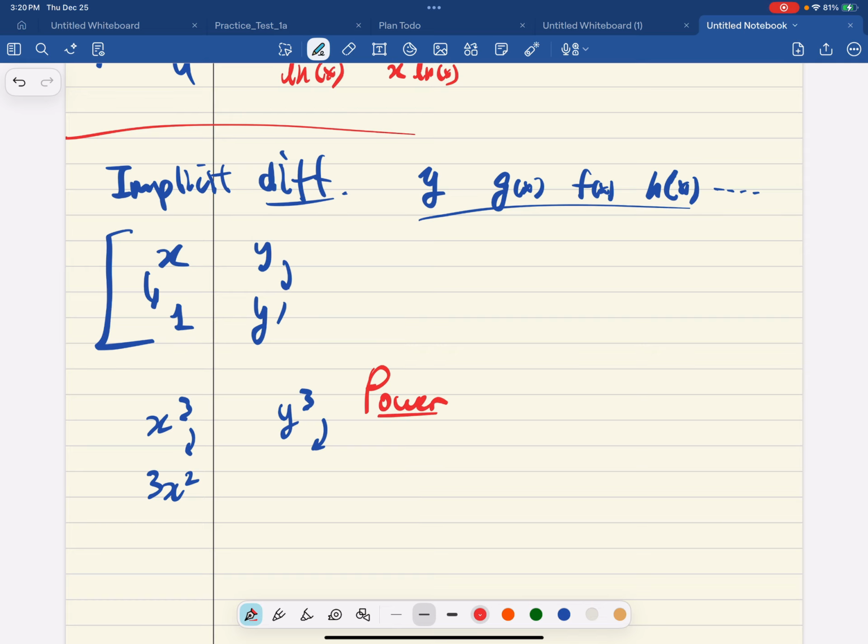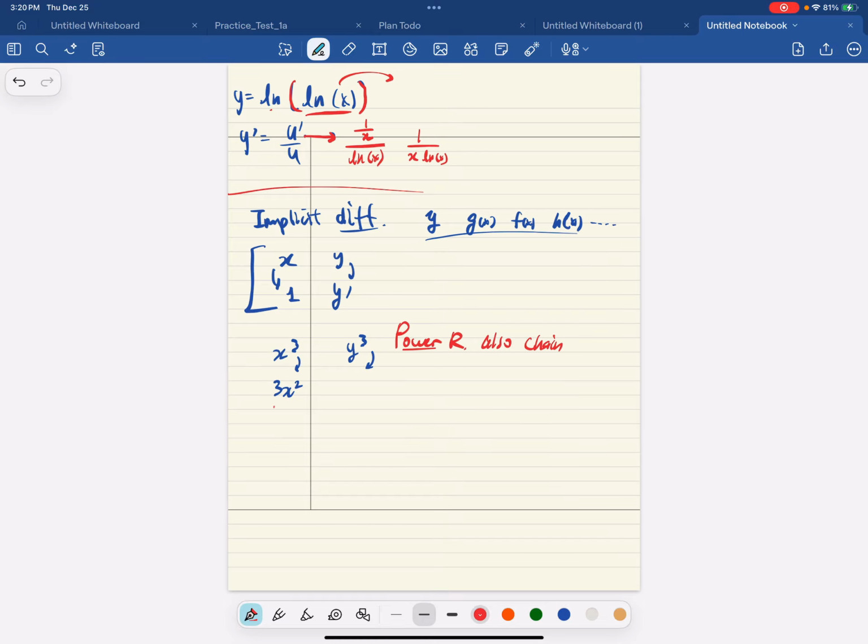There is the power rule, but there's also the chain rule, or I should just say the implicit differentiation, but it's kind of like the chain rule here. Why? Because y is not an x, and we're supposed to derive in terms of x. You don't really need to understand what that means, but basically we're following our derivative rules with x as a guide. X is our base and it's our guide. So for whatever is not an x, we cannot normally apply the rules.